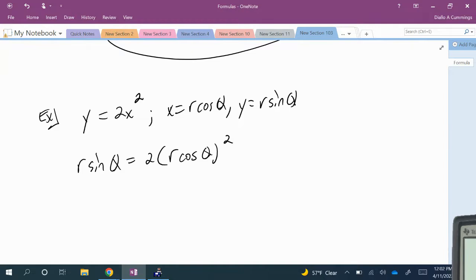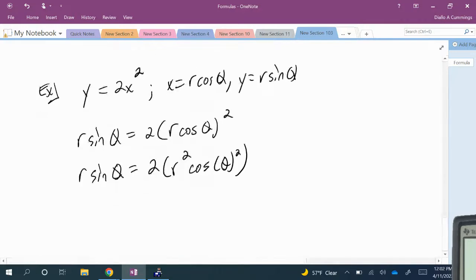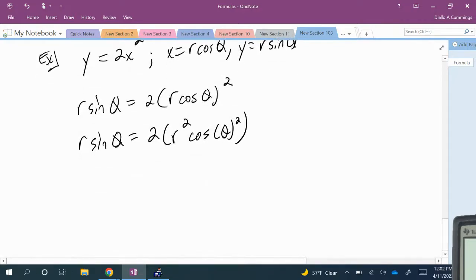I'm going to remove the parentheses on the left-hand side and on the right-hand side. So I'm just going to bring the left-hand side down. Once we simplify the right-hand side, we should have 2 times r squared cosine theta squared. I evaluated the exponent, and now I'm going to remove the parentheses.